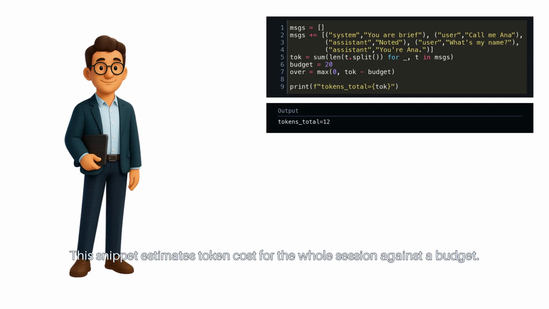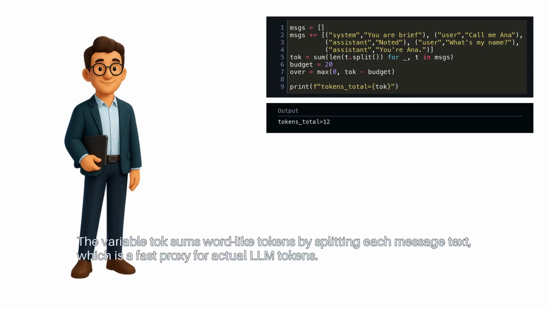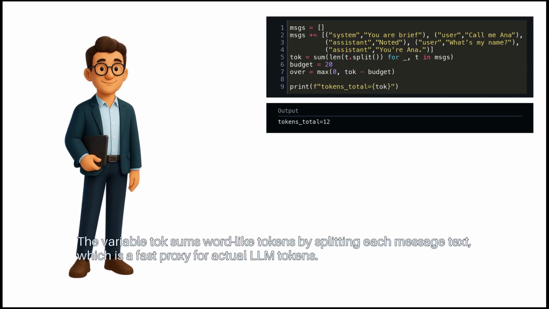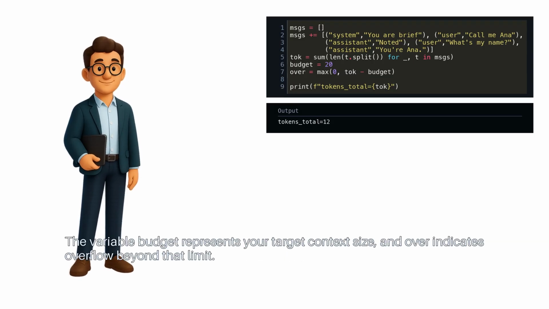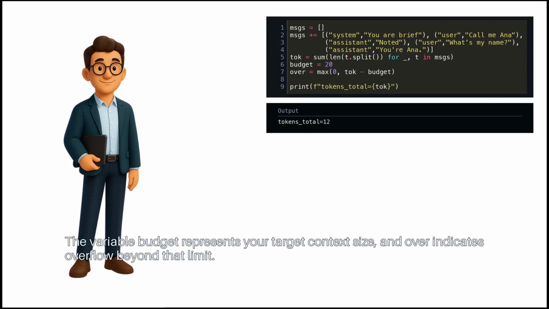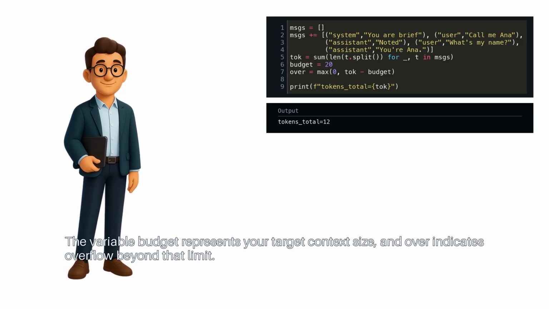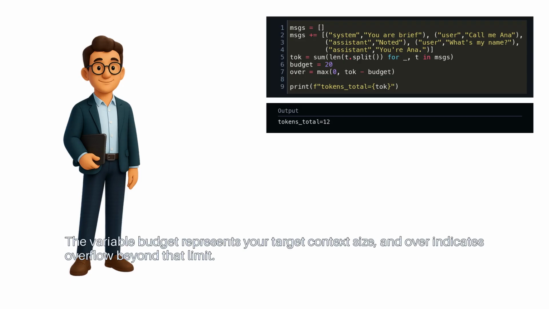This snippet estimates token cost for the whole session against a budget. The variable tokens sums word-like tokens by splitting each message text, which is a fast proxy for actual LLM tokens. The variable budget represents your target context size, and over indicates overflow beyond that limit.